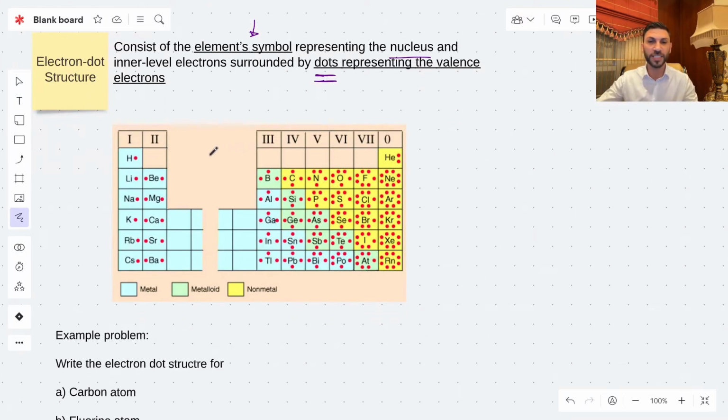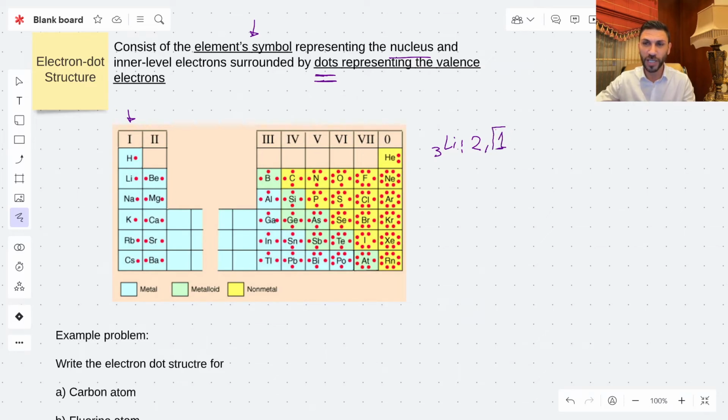As you can see, this is a section of the periodic table. For example, this is group number 1, and you see 1 dot. What does it mean? It means that hydrogen has only 1 valence electron. Lithium has 1 valence electron, because lithium, from the periodic table, has atomic number 3. So we have 2 electrons in n equals 1 and 1 electron in n equals 2.